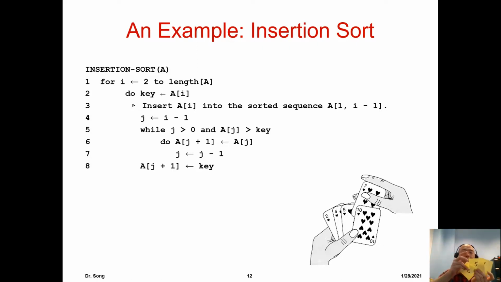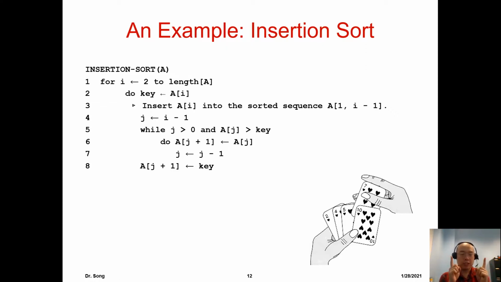So it doesn't matter the sequence, but we are using one hand to hold the sorted portion. That is the thinking of the insertion sort. We are always trying to maintain a sorted portion. And for a new value that comes, we want to insert it into the right location, and that is the sorting algorithm. Okay, sorting cards using two hands is easy.